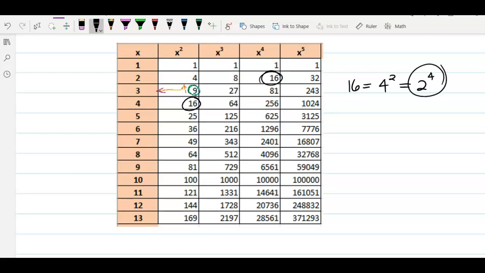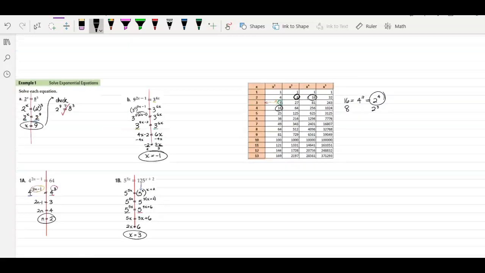I'm always going to try to use the number or the version that has the smallest base. 2 is smaller than 4, so that's the one I'm going to use. I also like that one because the other base we're dealing with is an 8, and I can use 2 to the 3rd for 8.